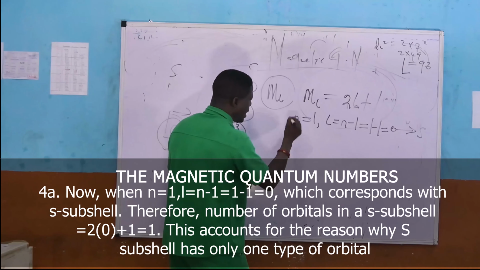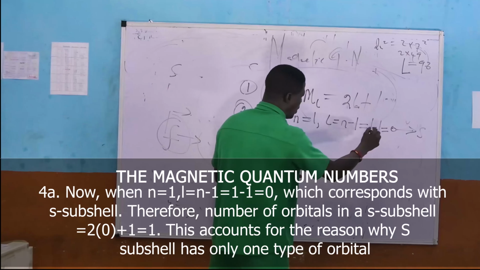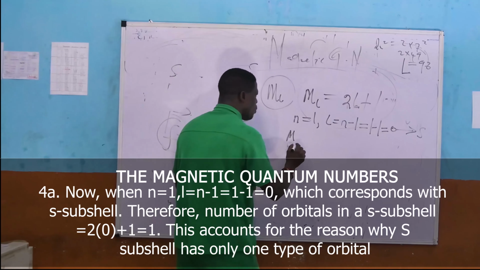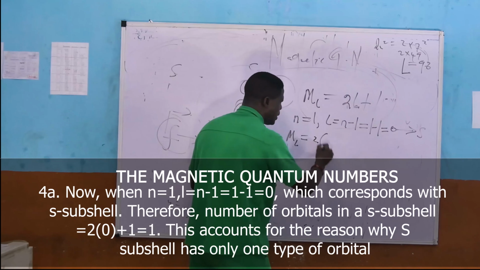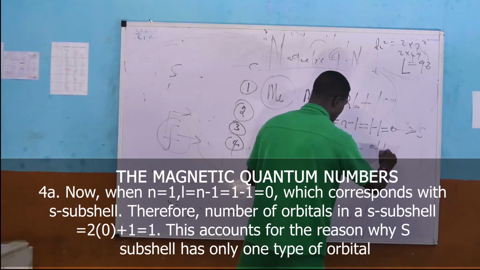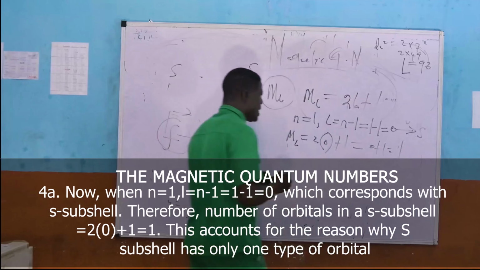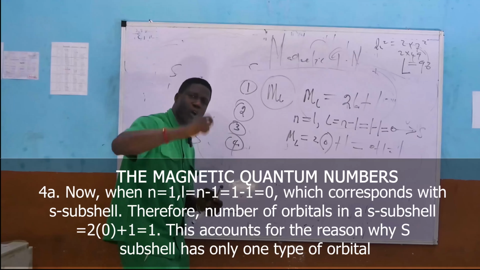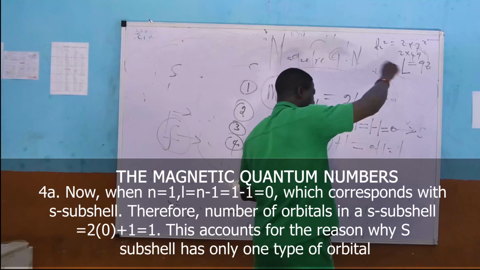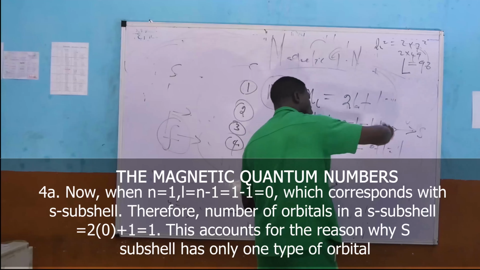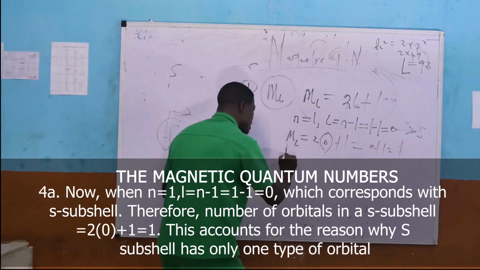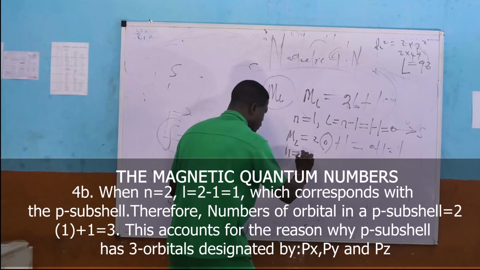In this case, when n is equal to 1, l has been established to be 0, and that corresponds with the s subshell. So by formula we have m sub L equal to 2 into bracket 0 plus 1, and that is equal to 0 plus 1, which produces 1. Meaning that there is only one sub-subshell. We have only one s sub-subshell, which originated from the principal shell known as the K shell.